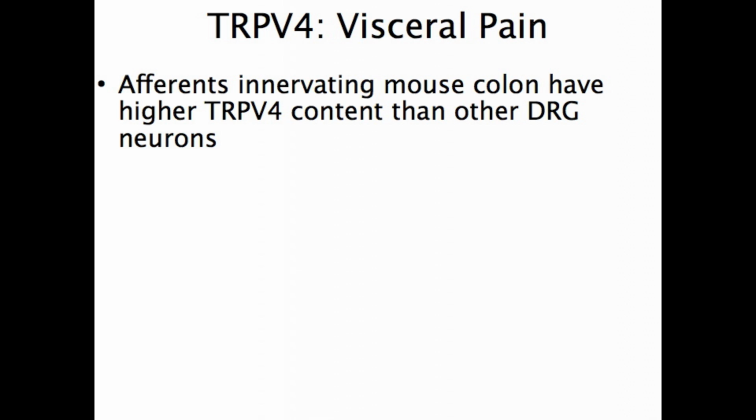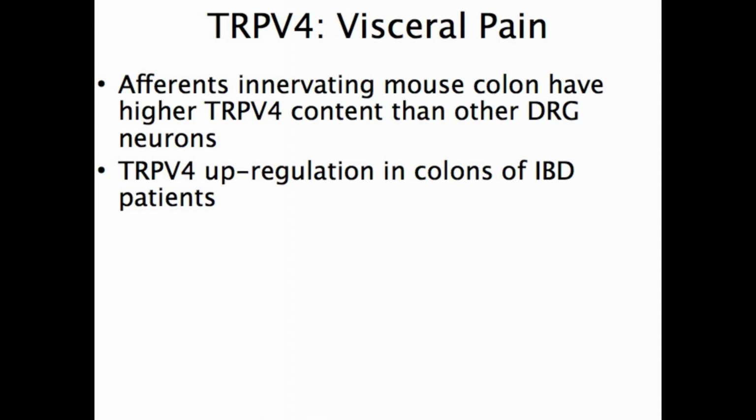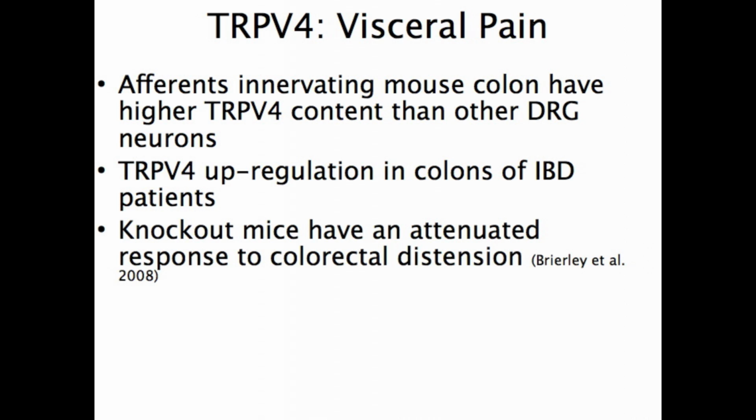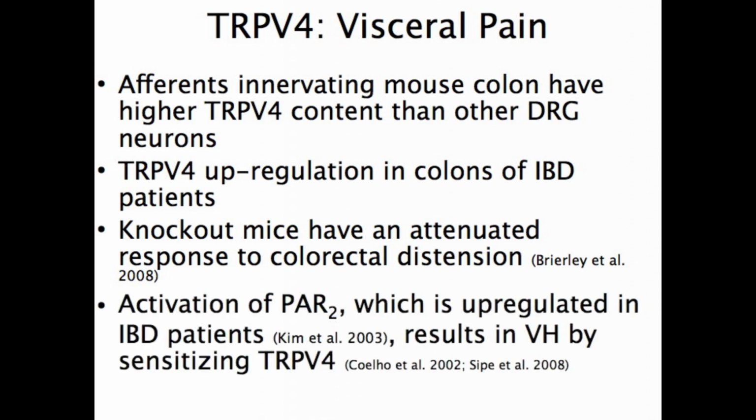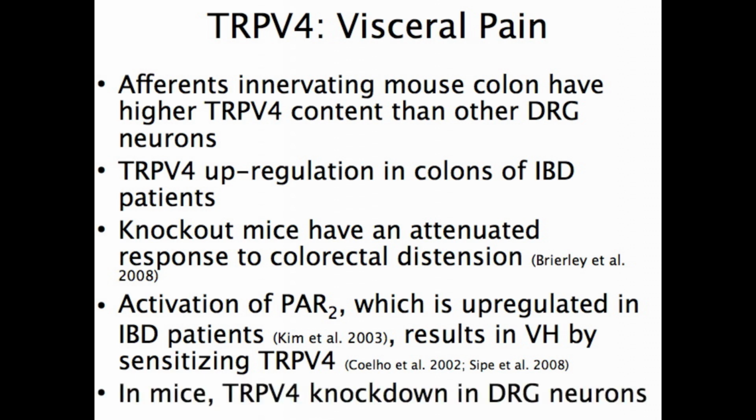The neurons that innervate the colon have more of it than other neurons. It's upregulated, or there's more of it, in patients who have inflammatory bowel disease than those who don't. And knockout mice, so if you reduce it, they seem to have less pain, including in models of inflammation.